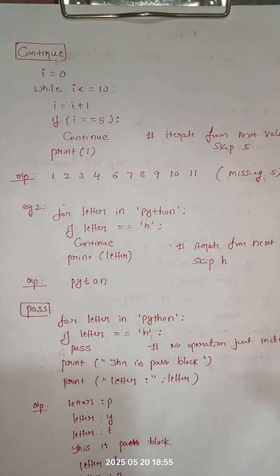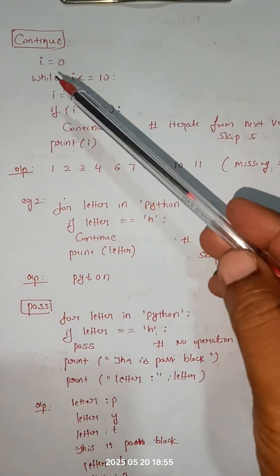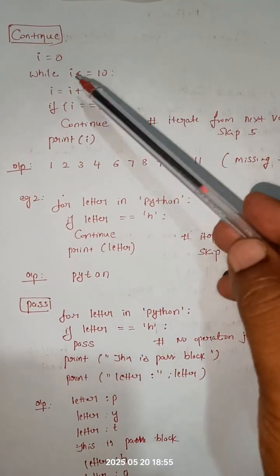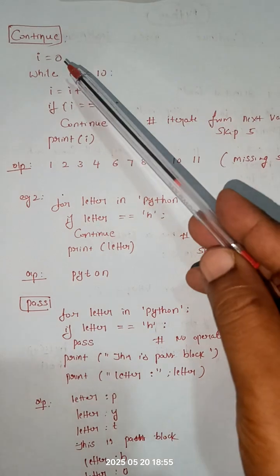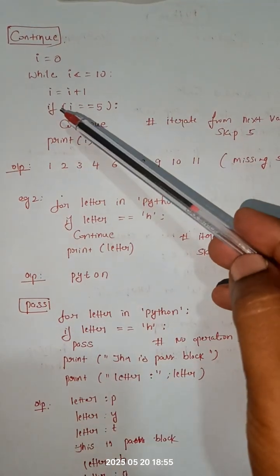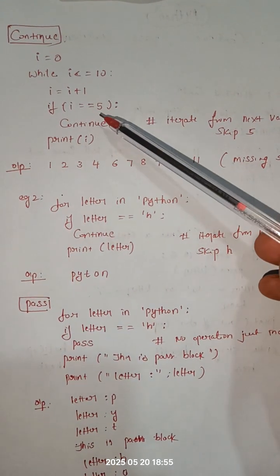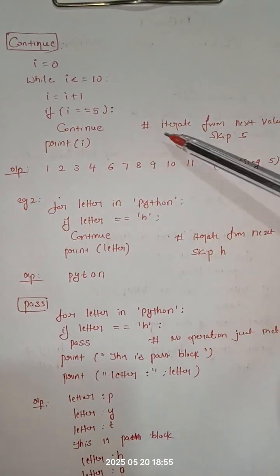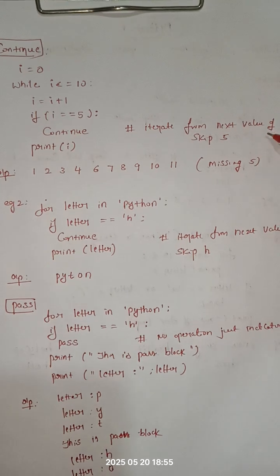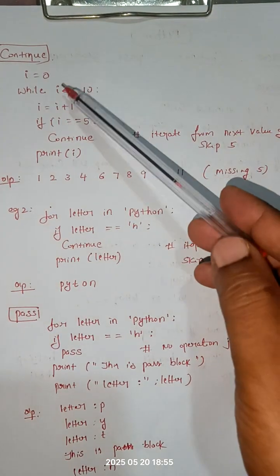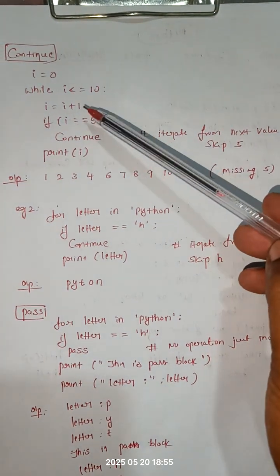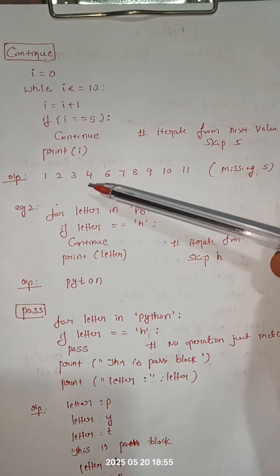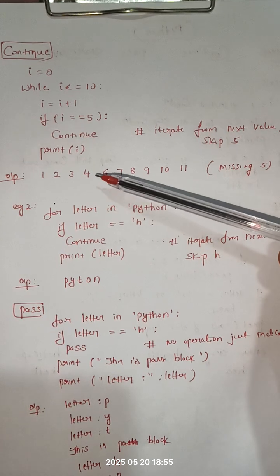Continue. In the continue statement, i equals 0 is the initialization, it is going to stop at 10, and i equals i plus 1. So 0, 1, 2, 3 up to 10. But if i equals 5 we are making a continue statement here, so it is going to iterate from the next value after 5. It starts from i plus 1, 0 plus 1 is 1, then 2, 3, 4, but 5 is missing here.